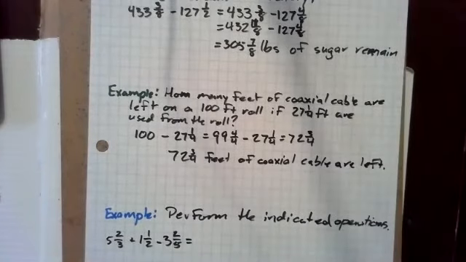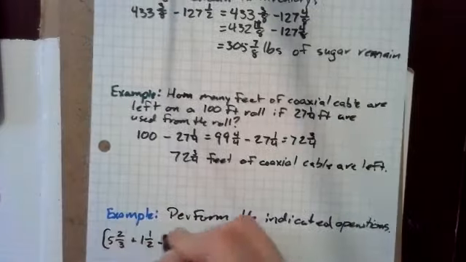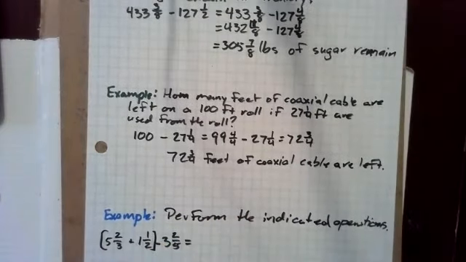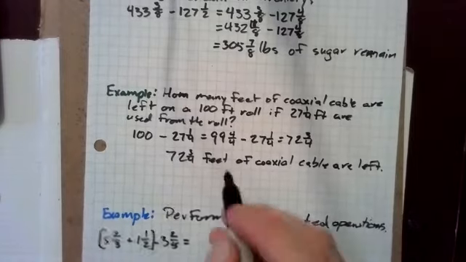Finally, we're asked to perform the indicated operations, and this is a problem where we have both addition and subtraction. So the first thing we're going to do is deal with the first two parts of this as an addition problem, and then we'll subtract, but I'm also going to put everything into the least common terms right away. We've got denominators of 3, 2, and 5, and the least common denominator is going to be 30.